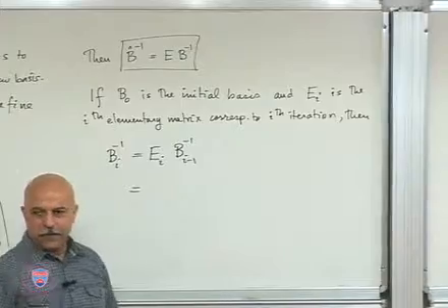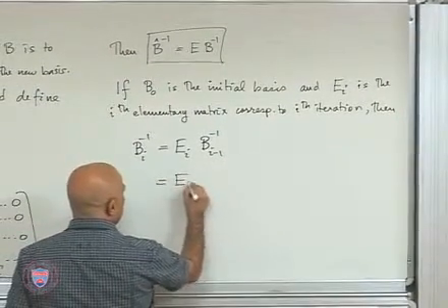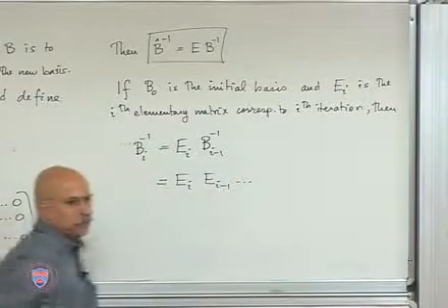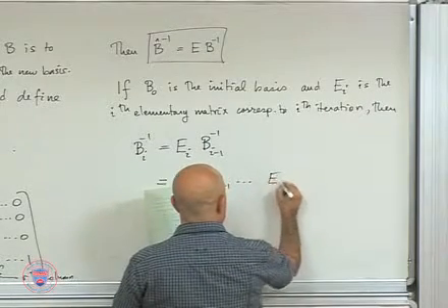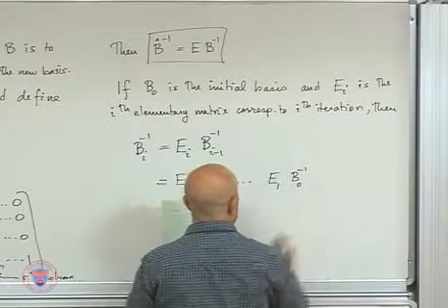So if you just keep doing this, you get Ei, and then Ei minus 1, so on and so forth. You just keep going. And then finally, the first one, multiplying the initial inverse.